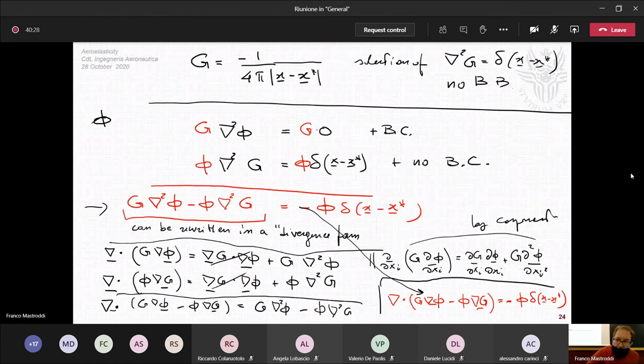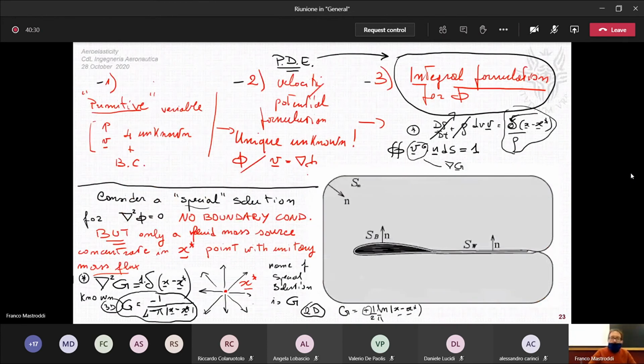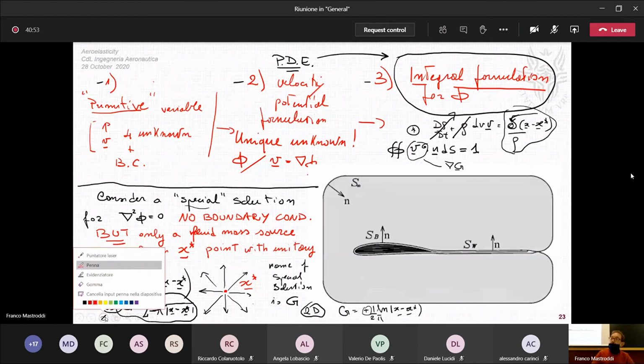Today, I have introduced these three phases of the formulation of our problem: primitive variable, velocity potential, integral equation. For evaluating the velocity potential, we have to discretize the integral formulation, and the discretization of the integral formulation, the last step, is also known as boundary element method, BEM.